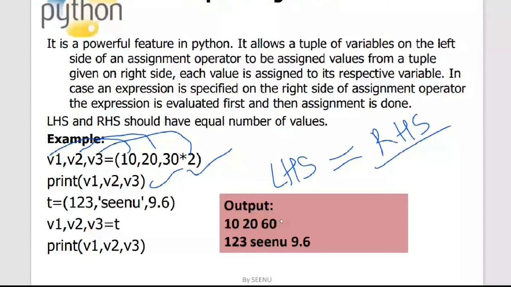Tinu is the second item, assigned to v2. And 9.6 is the third item, assigned to v3. But the number of items in the tuple should match the number of variables on the left hand side. Is it clear?